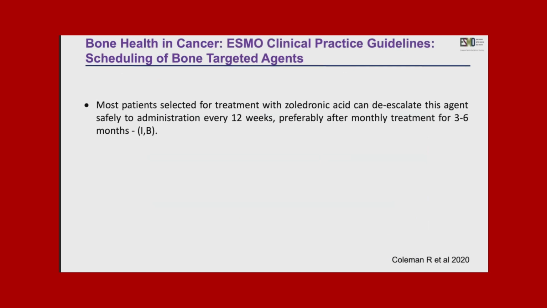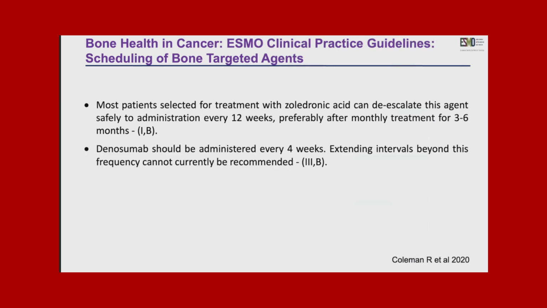The scheduling is most important, because many patients now we treat with zoledronic acid every month for the first 3-6 months, and then we can de-escalate the schedule of administration to every 12 weeks. Denosumab should be administered every 4 weeks.